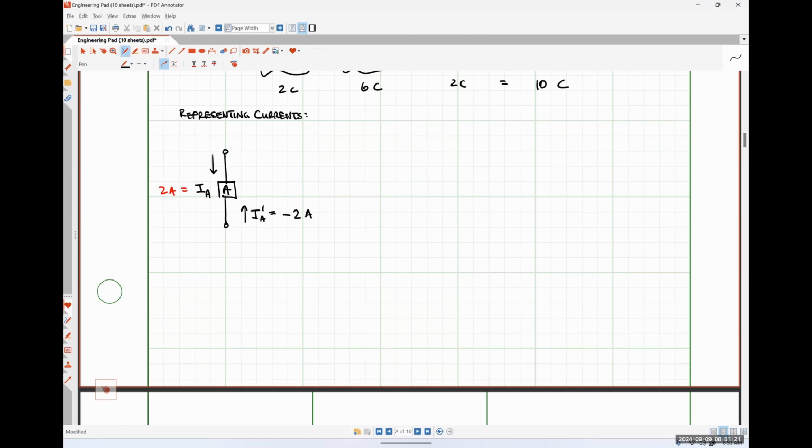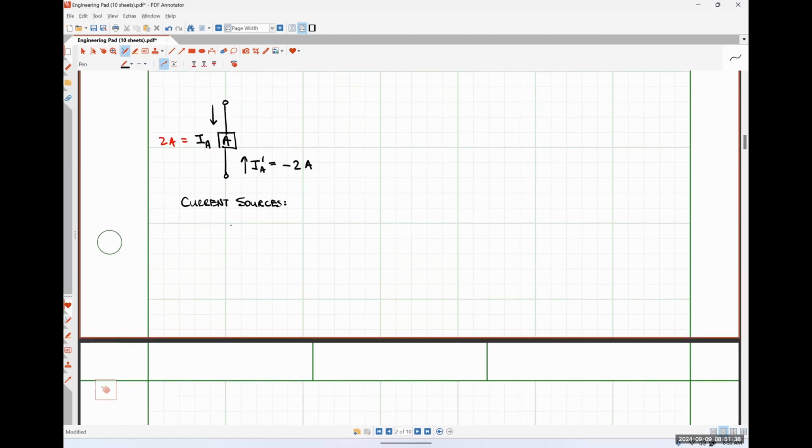Okay. All right, so lastly then, we need to talk about current sources. So let's start with a generic DC current source.